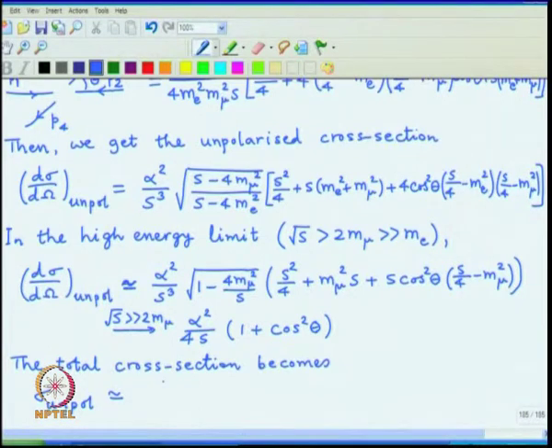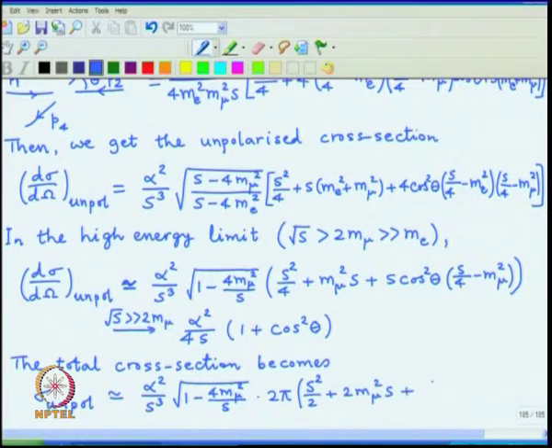So, the first step is just alpha square by s cube times the square root of 1 minus mu square, then the angular integral over the angle phi just produces 2 pi, and the integral over cosine theta will change the various normalization to two in this case, and here this number will be 2/3.